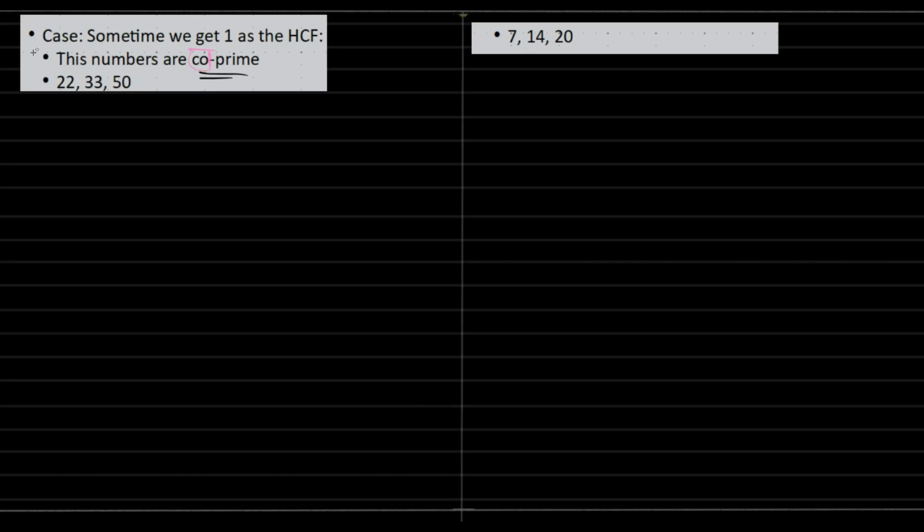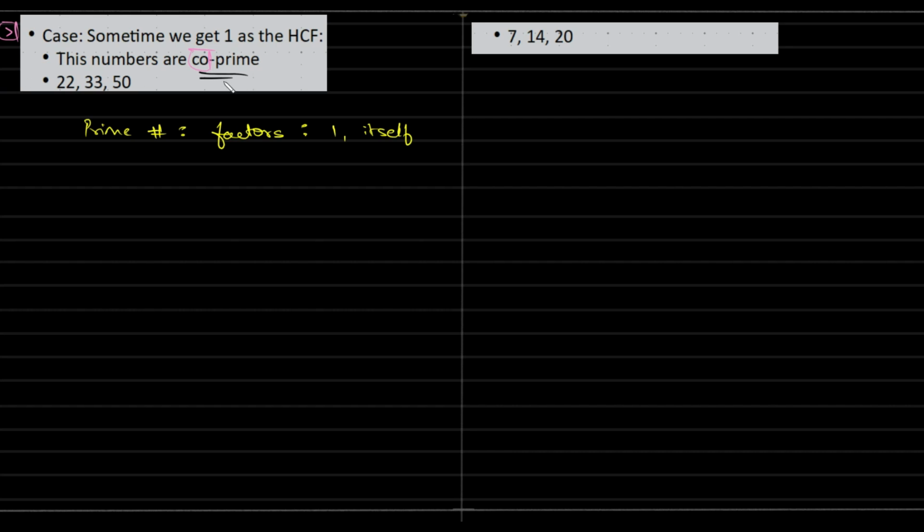The next subtopic is an important word, and it's useful: coprime. Sometimes we get 1 as the HCF between a set of numbers, and these numbers are called coprime. So let's recall what is prime. A prime number is a number which has factors of 1 and itself.